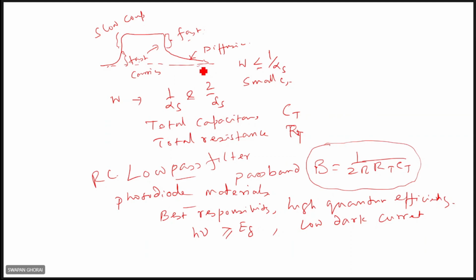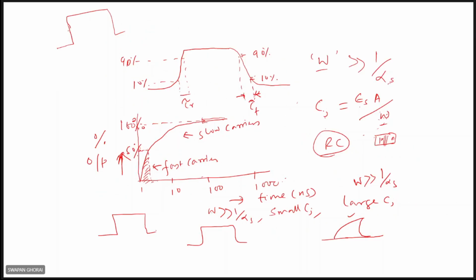So some anomalies are there if W is thin, even though capacitance is very small. Why is it distorted when W is thin? Because W thin means junction capacitance will be quite large.